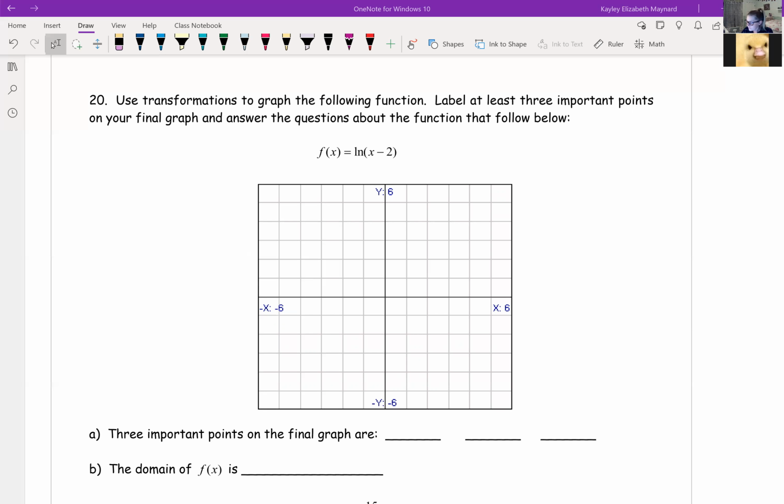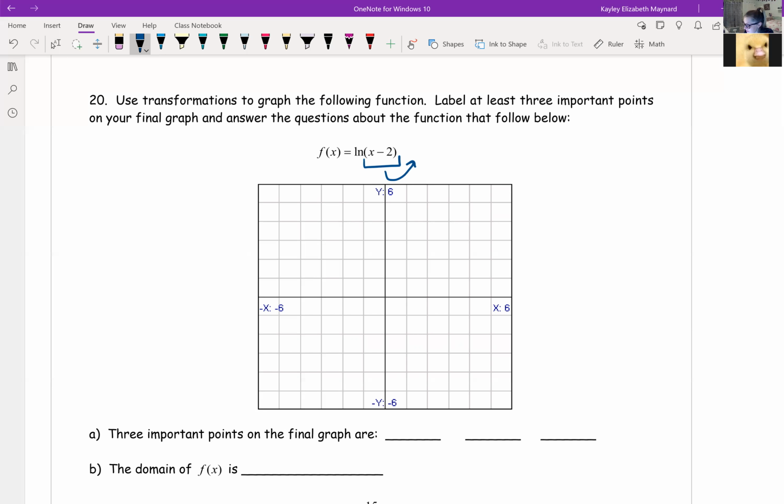So first of all, our starting function would be ln of x. So the important thing is to realize that the transformation that's going on is that now we have ln of x minus 2. And then we just need to know what that does. So first of all, let's just remind ourselves what this does. So when I have ln of x minus 2, it means that I'm shifting the graph of ln of x 2 units to the right.